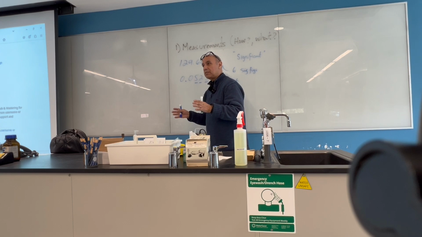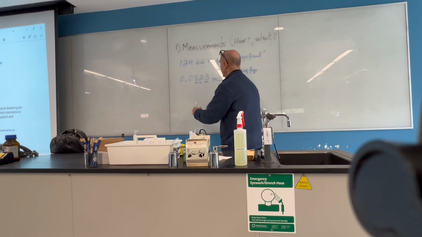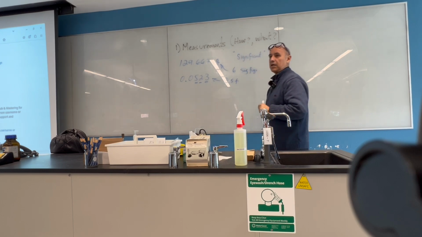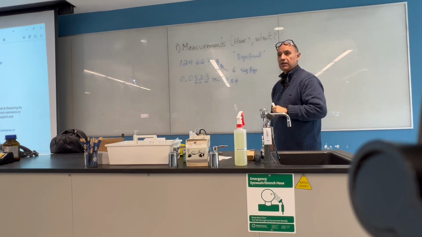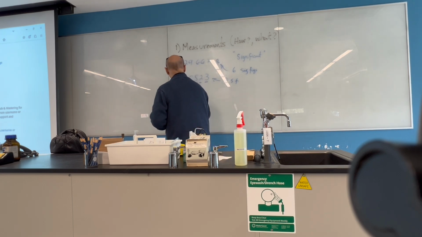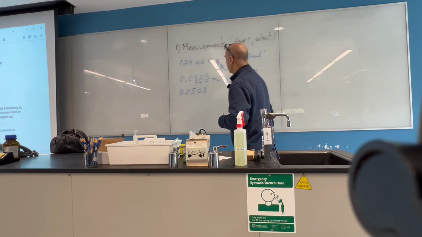Maybe that doesn't make sense entirely right now, but let me give you other examples. So when you have a small number, less than 1, and you have these zeros to the left of the number, those zeros do not count. They're not significant. What happens if instead of that number, I had this number, 0.0503? So instead of a 2 there, there's a 0 there.